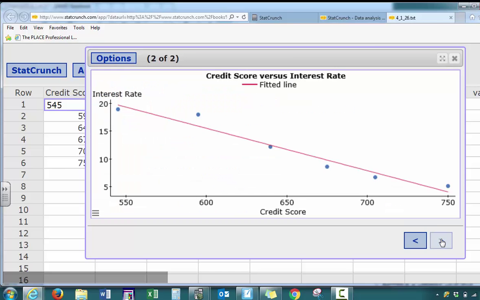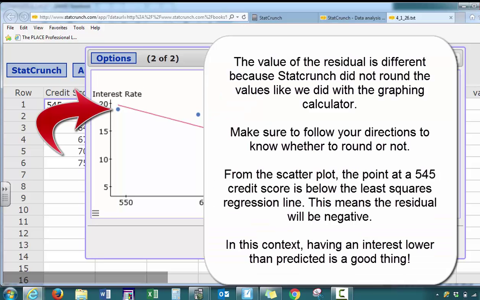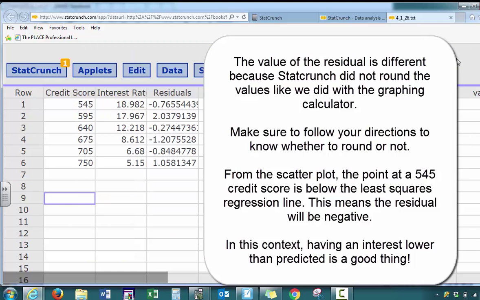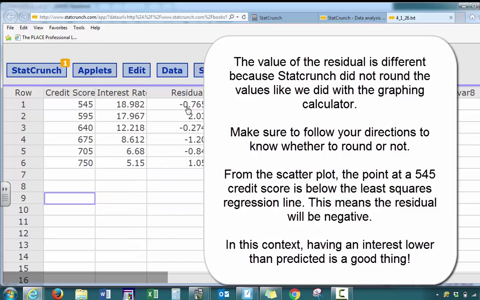On your next screen is where you see your scatter plot, and they put the best fit line superimposed on that graph as well. And on your table, a new column was added for your residual.